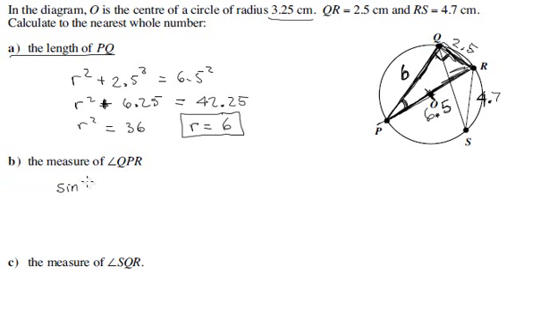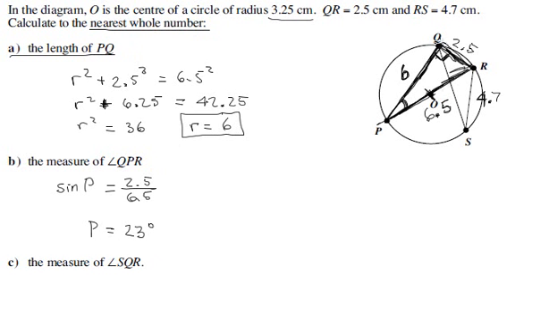Therefore, sine P is opposite over hypotenuse. 2.5 divided by 6.5 is 0.385. Second sine. That angle has got to be 22.6 degrees, or actually, they said to the nearest whole number, so 23 degrees ought to do it here.